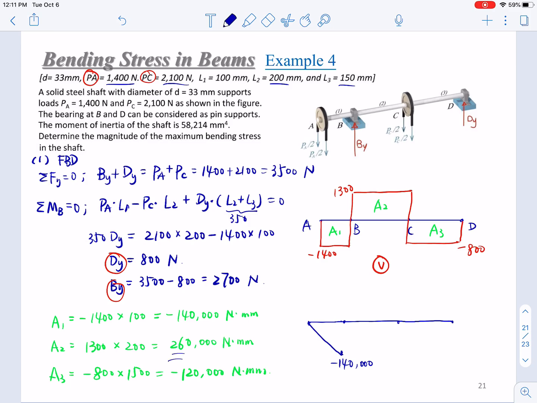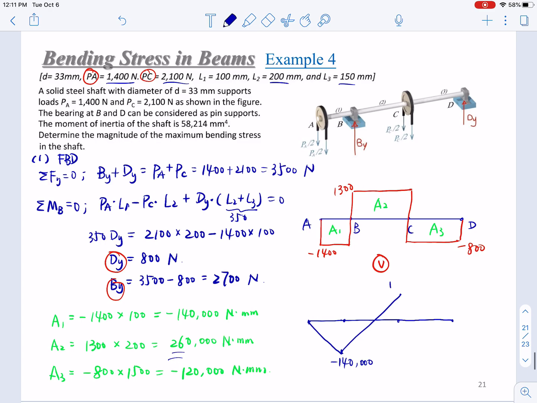Right, it will go upward to point C. So here will be negative 140 plus 260, right? You get 120 here.